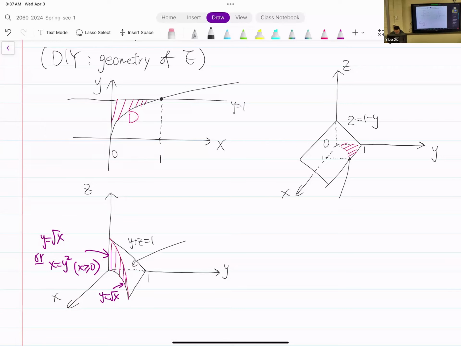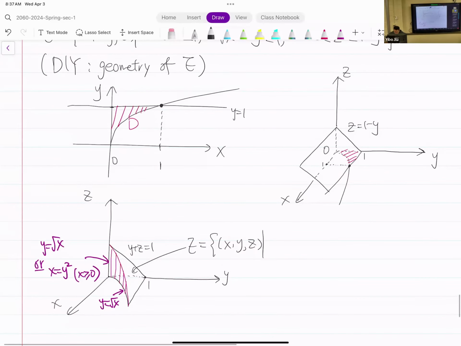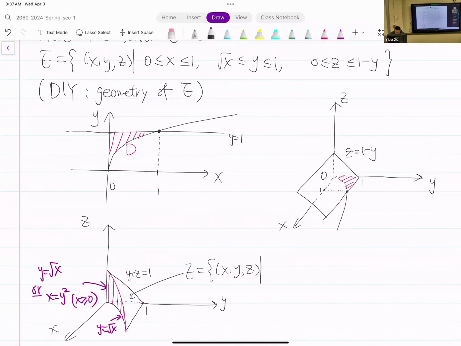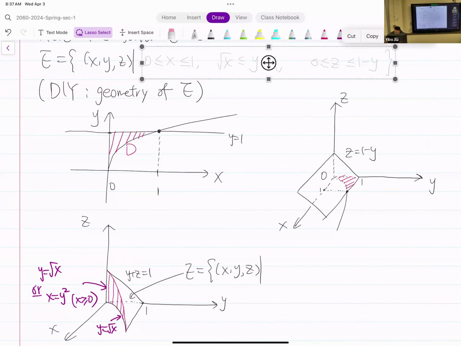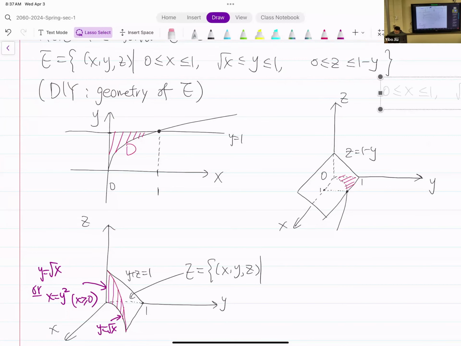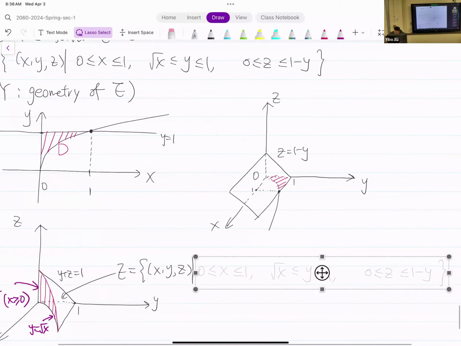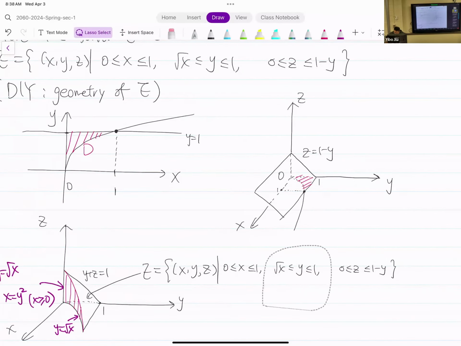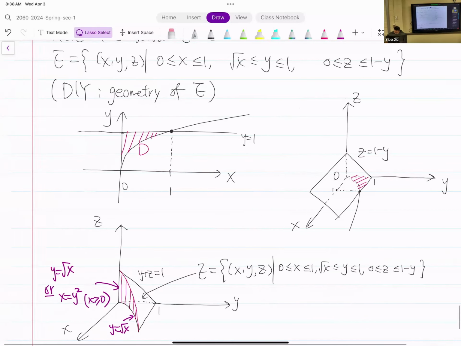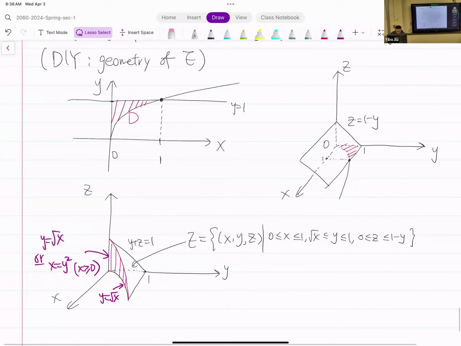So this is the solid that we need, that we want. Okay, so x, y, z such that, okay, let me quickly just copy these. So this is the illustration of the solid.